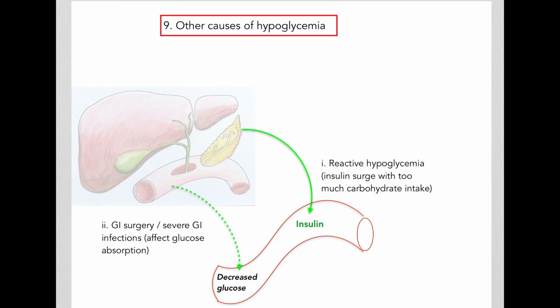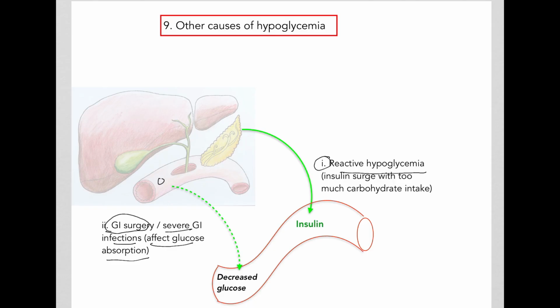There are other causes of hypoglycemia, for example, when there is GI surgery or severe infections of the gastrointestinal tract. That's going to affect glucose absorption into the bloodstream, and that can lead to hypoglycemia. And then there is what we call reactive hypoglycemia.